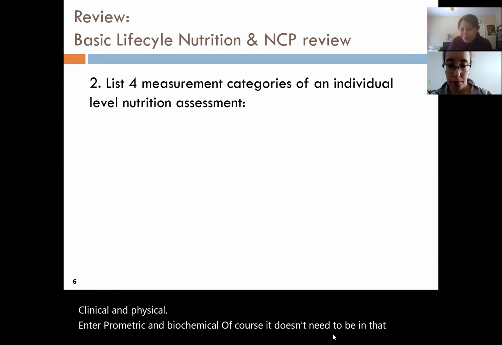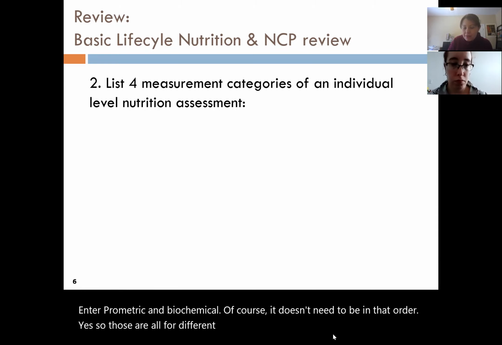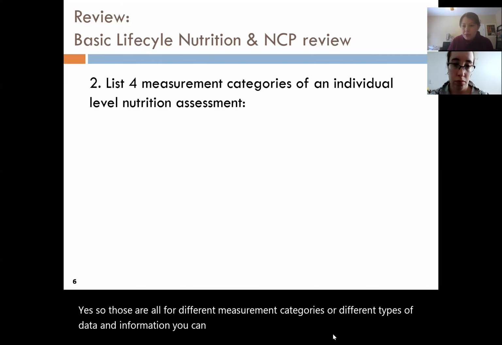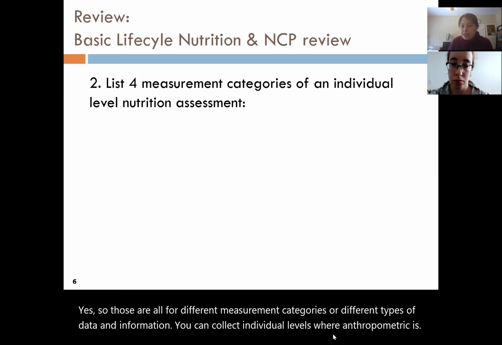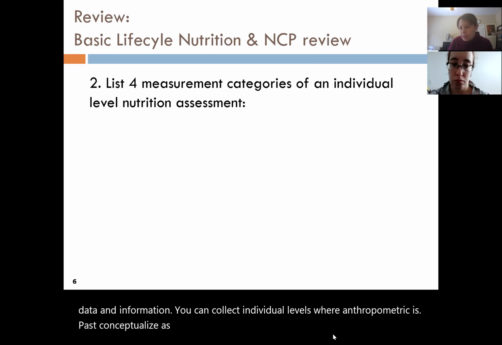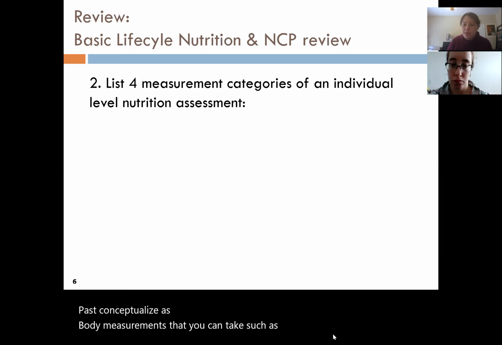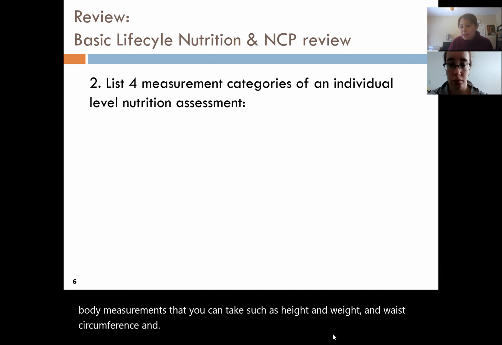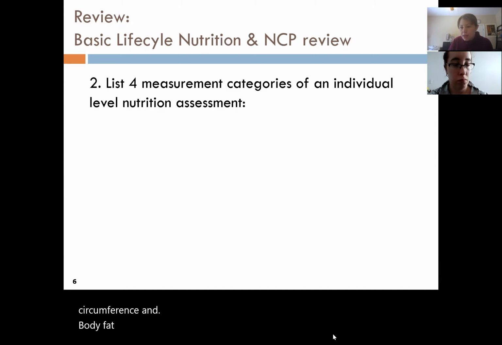Yeah, so those are all 4 different measurement categories or different types of data and information you can collect at individual levels, where anthropometric is best conceptualized as body measurements that you can take, such as height and waist circumference and body fat levels, and so other measurements too.